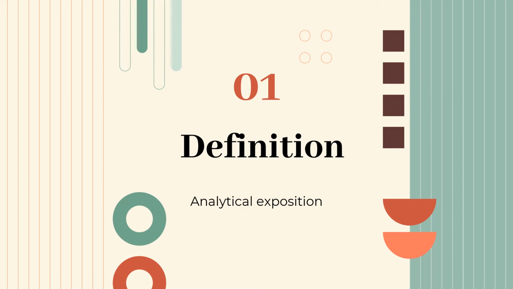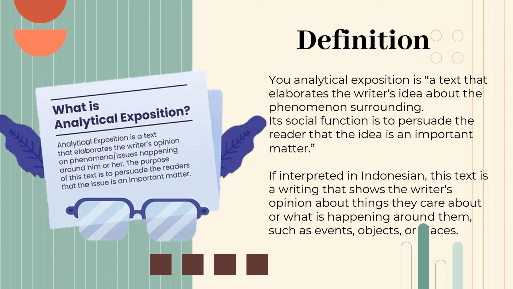The first material is the definition of analytical exposition. In the English definition, analytical exposition is a text that elaborates the writer's idea about the phenomenon surrounding.